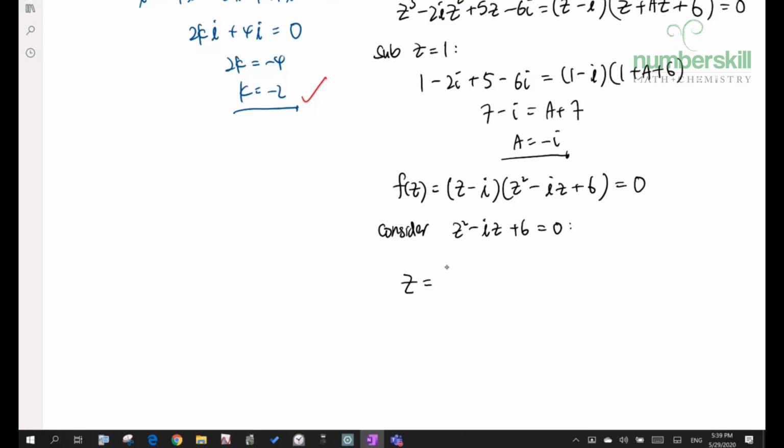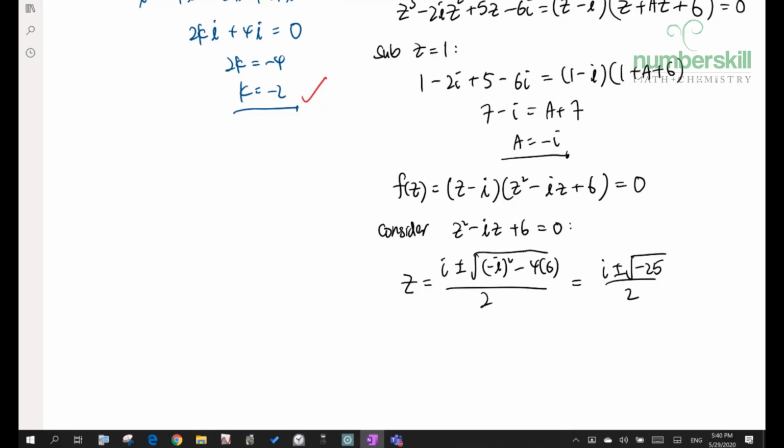So you're going to use minus b plus minus the square root of b squared minus 4ac, over 2a. Be careful. Of course, the negative doesn't matter, but I purposely write it because I think it can be confusing for some people. So you're going to get i plus minus the square root of minus 1 minus 24, that's minus 25 inside.